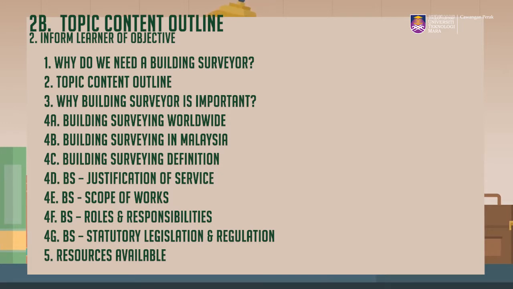Then followed by building surveying worldwide, then building surveying in Malaysia, and then building surveying definition and 4D building surveying, which is justification of service, and BS scope of works, then followed by BS roles and responsibilities, and BS statutory for legislation and regulation.